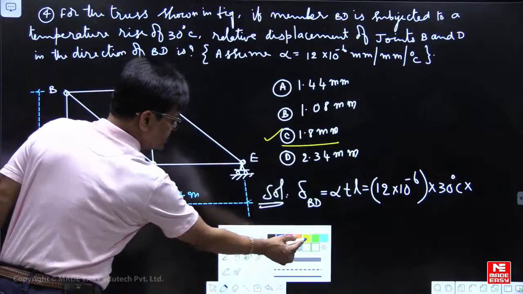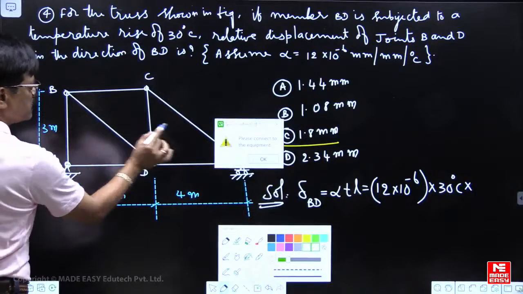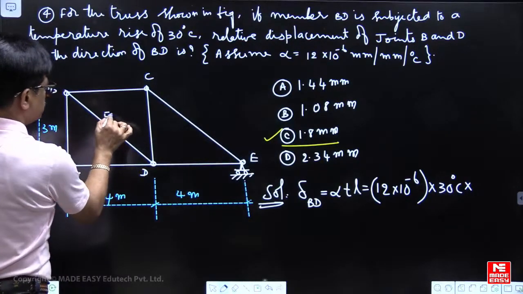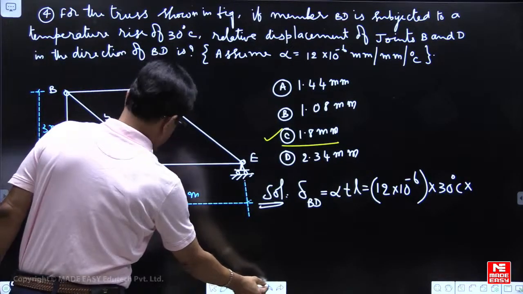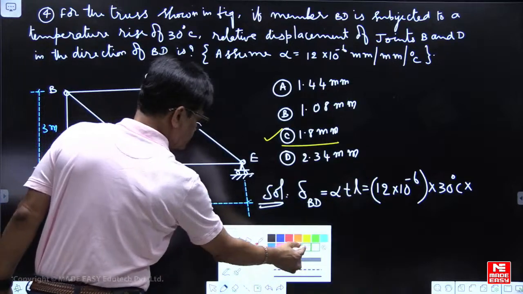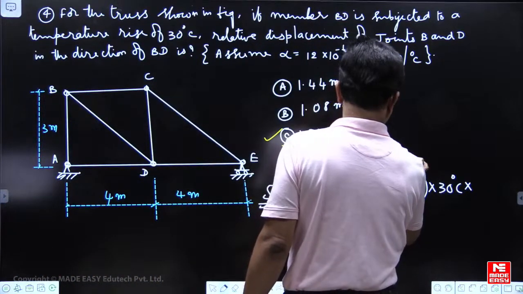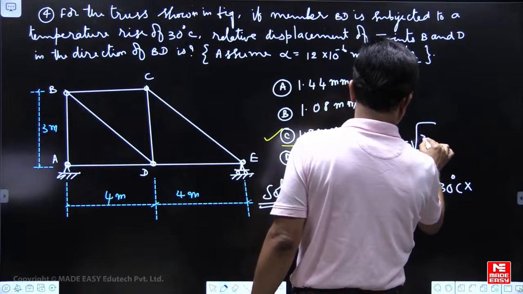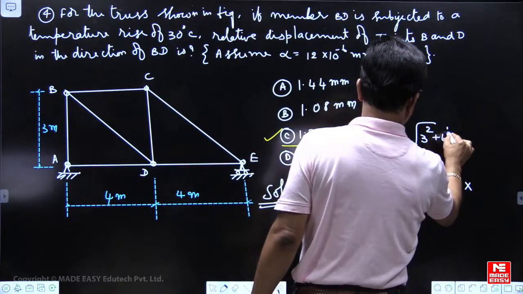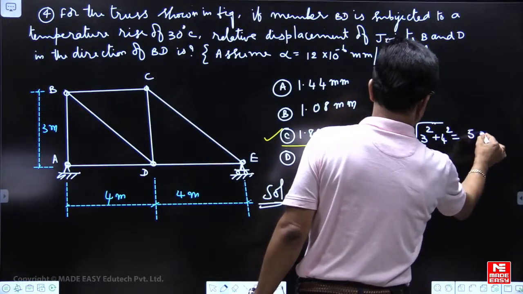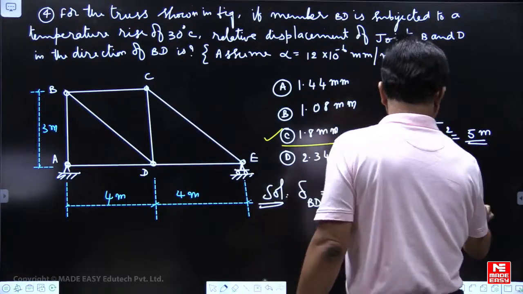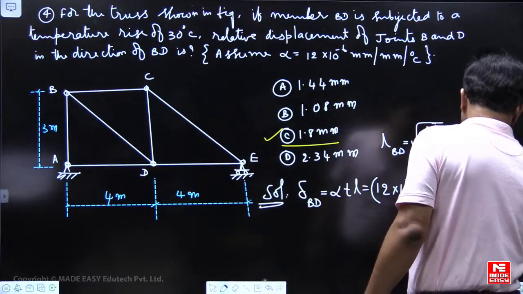Then what is the length of this member? Five meters. Five meters means I will write here 5000 mm.